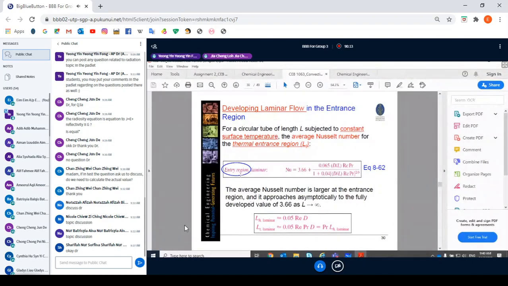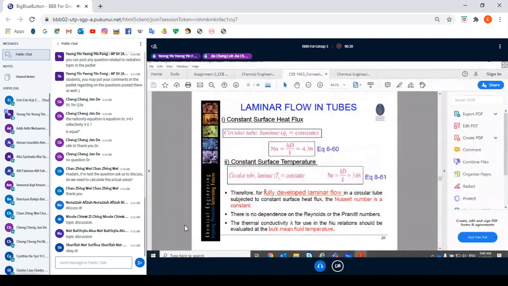It's basically the same for the QS constant, right? No, this is only for TS constant. Only for TS constant. And for QS constant, we don't have the checking for entry length? You still remember there's a chart that I showed you all for laminar flow, so you can refer back to that chart.